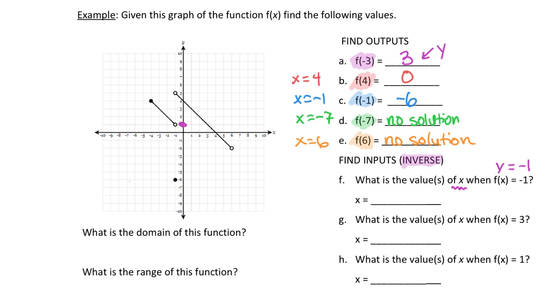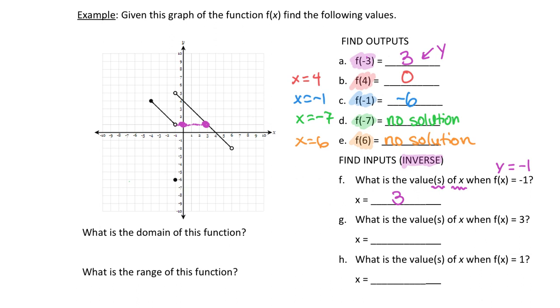If I go right here on the y-axis to -1, I go back to an open circle, so we know that's not a solution. And when I go over here, it looks like it hits the x at 3. Now, notice it says values. We could have more than one solution here when we're doing inverses.